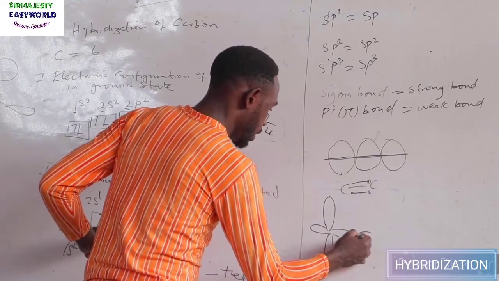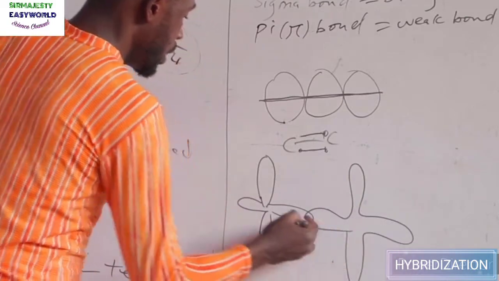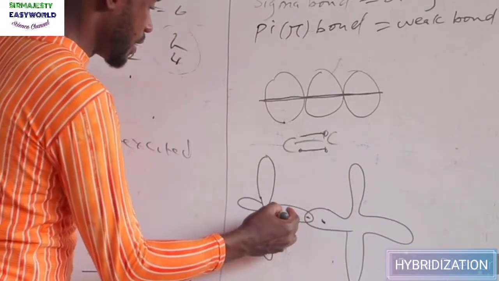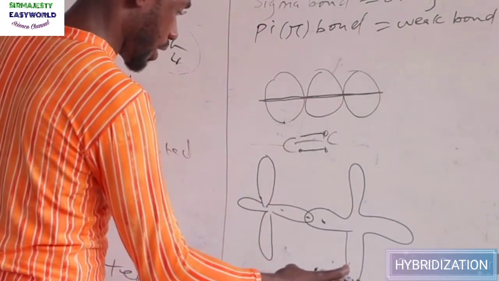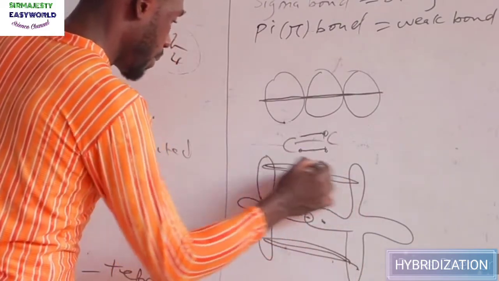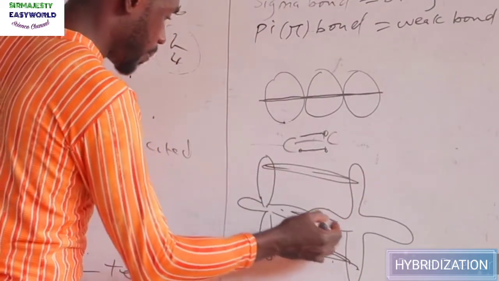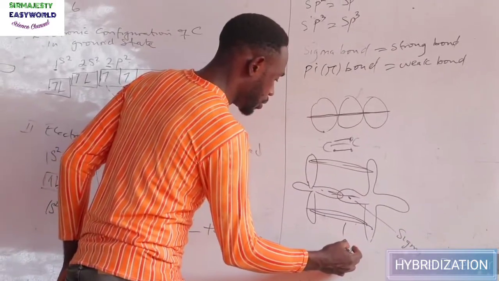Watch this. This is what is obtainable in the sp hybridization. You see here, this is the hybridized orbital. Then these two, remember this is the carbon atoms we are talking about. This one that is unhybridized will now overlap. So in this central overlap, this is the sigma bond, and here is the pi bond.